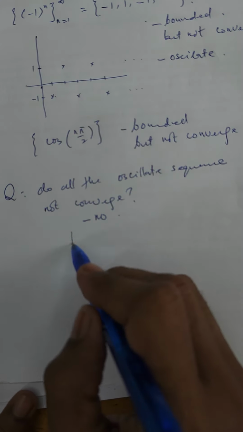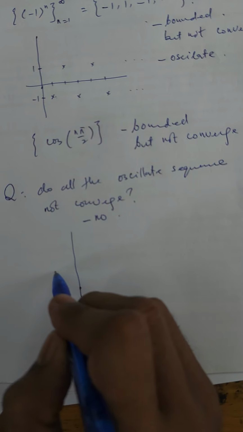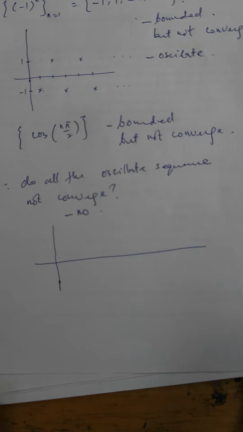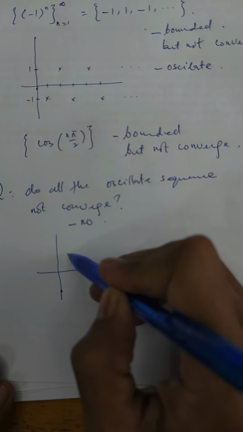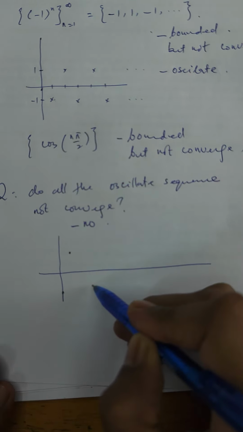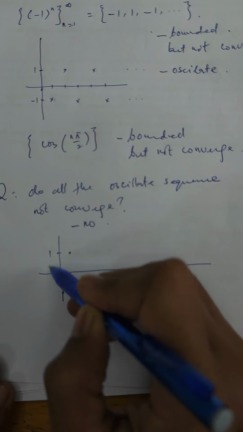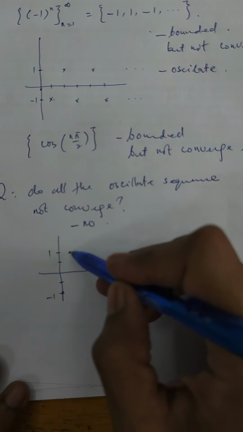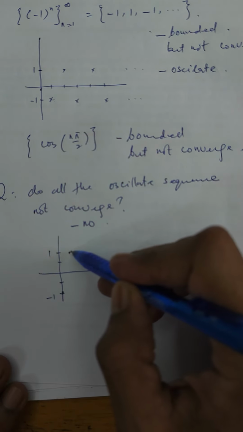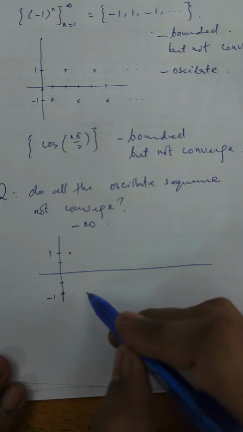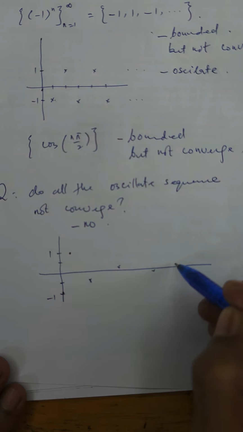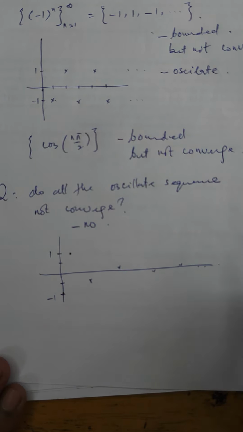Why? So look at this. I don't have a specific example right now, but there are many, of course. For example, if you have a sequence like this, between 1 and minus 1, with half in between, and next here getting smaller and smaller, and so on.